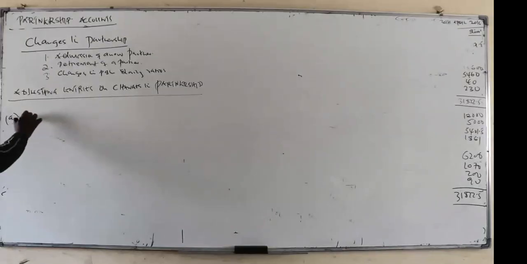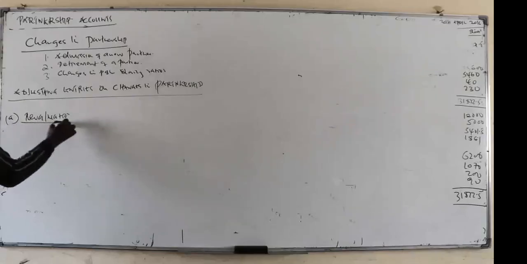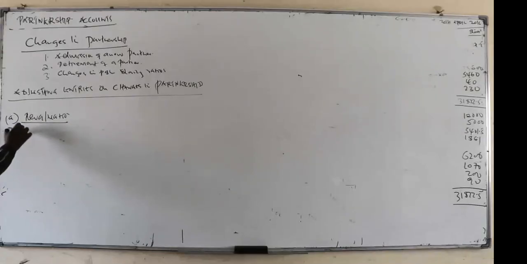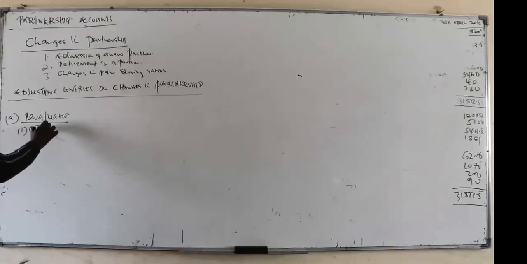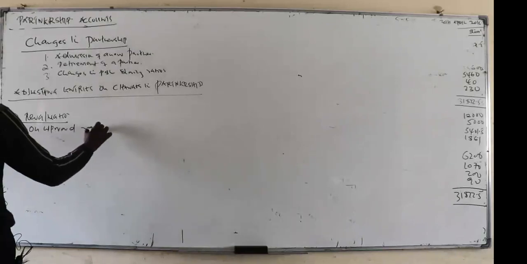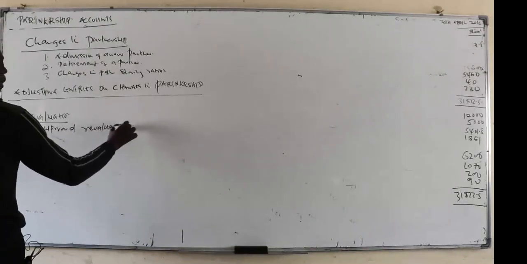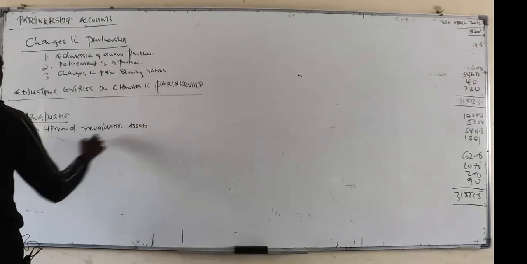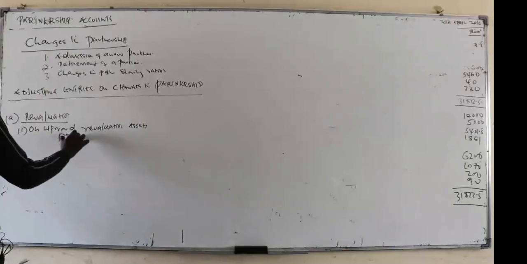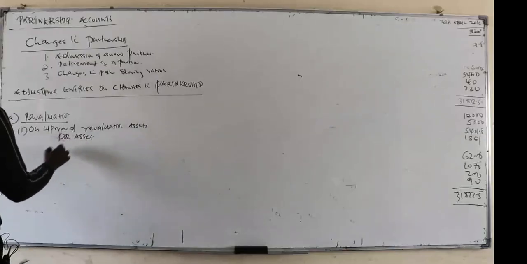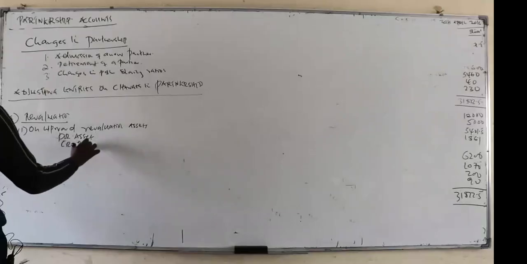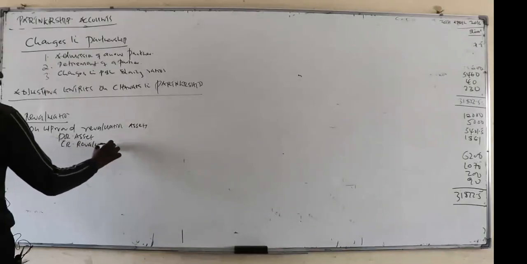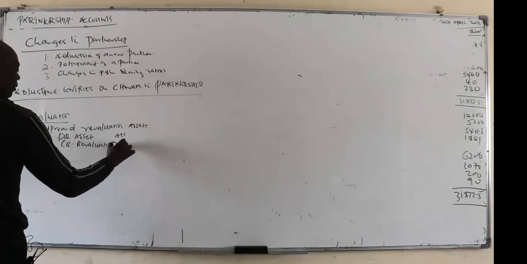Number A is revaluation. Number one, on upward revaluation of assets, you debit the asset and you credit revaluation account.